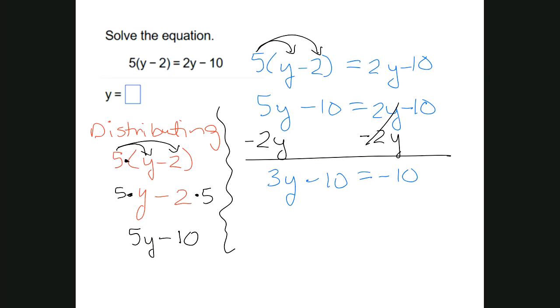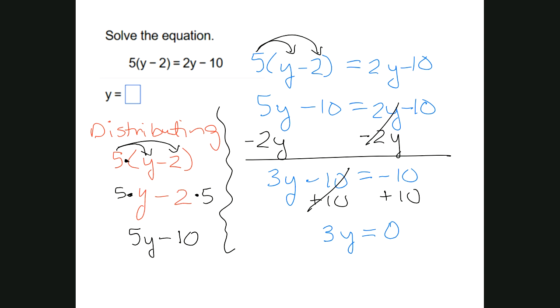So since I want to move this negative 10 over to the right hand side, I have to perform the opposite, which is add. We will add 10 to both sides. When we do so, we end up with 3y is now equal to 0. Negative 10 plus 10 is 0.